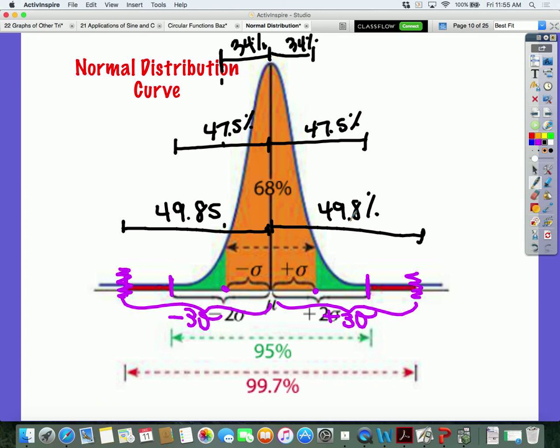This is important to know for those questions that are non-calculator, okay? So they'll basically give you an example like that. Let's see if it explains it. Yeah, you'll see the next example.